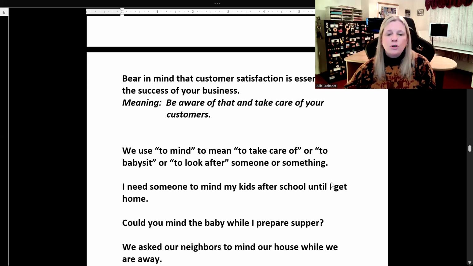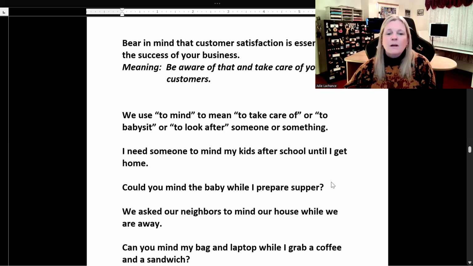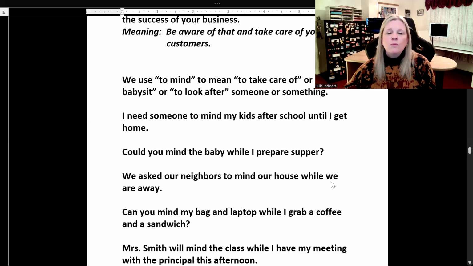We use to mind to mean to take care of or to babysit or to look after someone or something. I need someone to mind my kids after school until I get home. Could you mind the baby while I prepare supper?